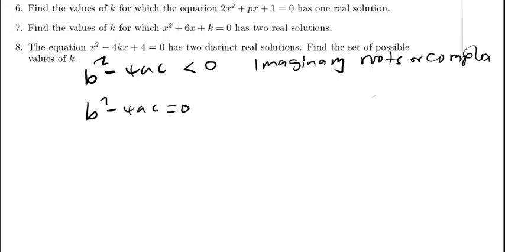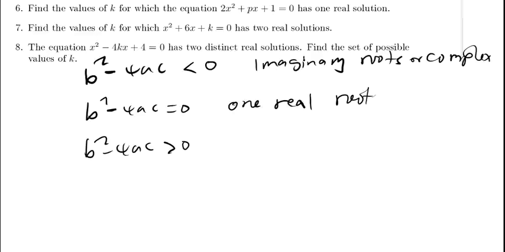You are going to have one real root. When b squared minus 4ac is greater than 0, you are going to have two distinct real roots. It's either they can say distinct or they can just say real roots. Get me right there, please.